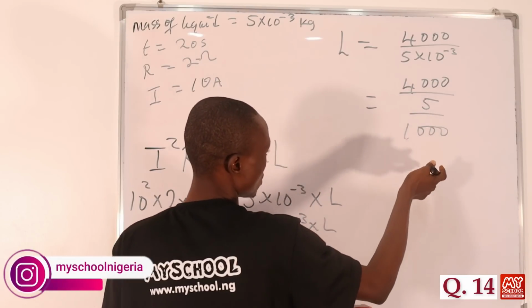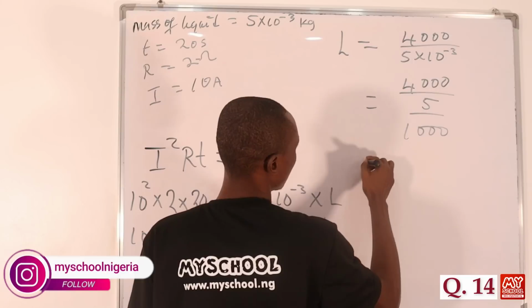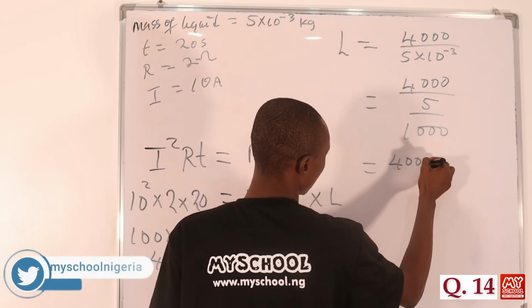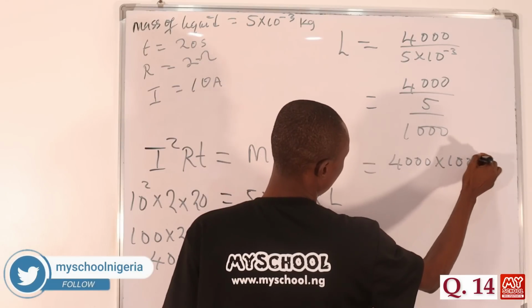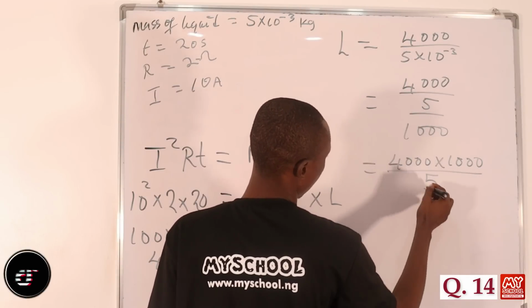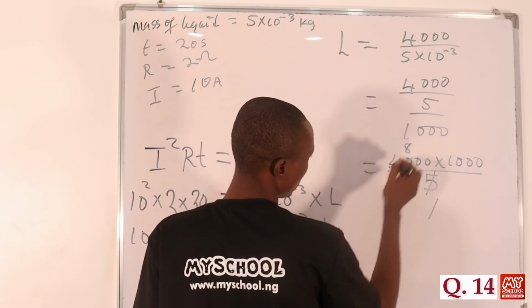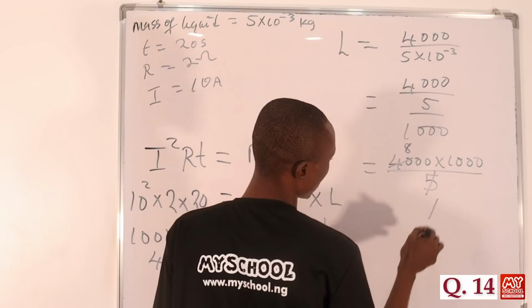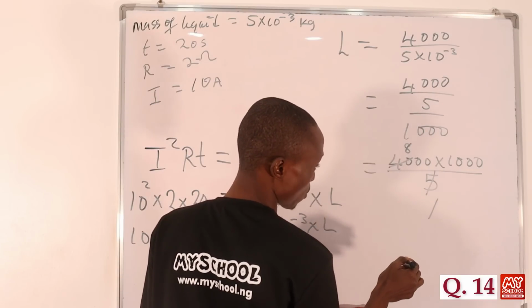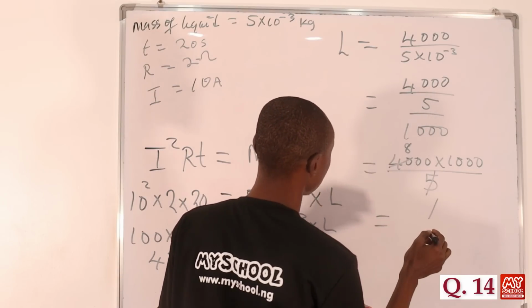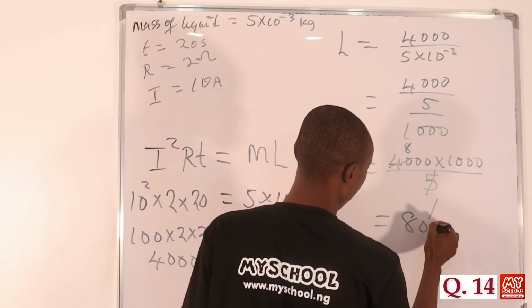Okay, basically they are the same. So this is going to move up, so that we'll be having 4000 times 1000 divided by 5. Okay, so 5 here is 1, 5 into 40 is 80. Right, so if we combine this together, we'll be having 800,000. So the specific latent heat is equal to 800,000.